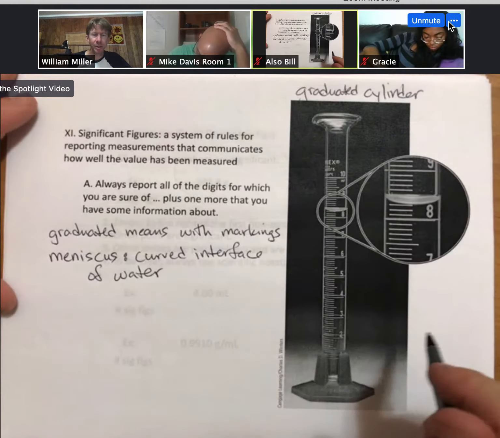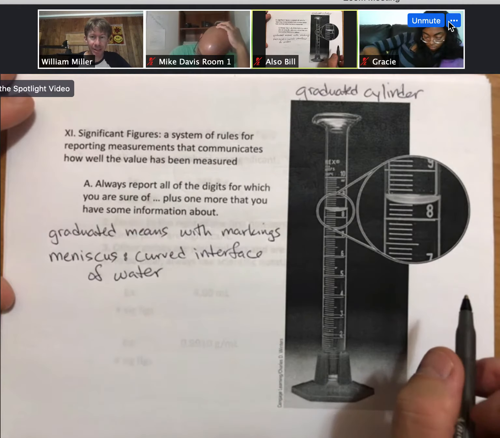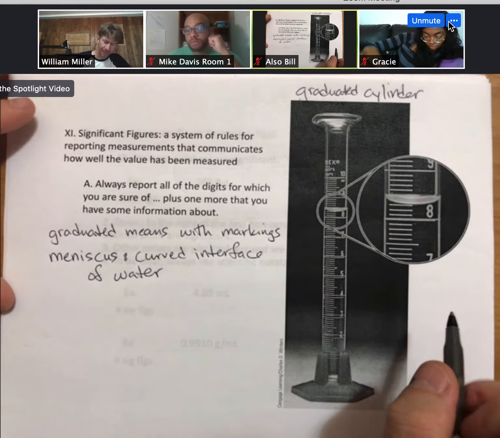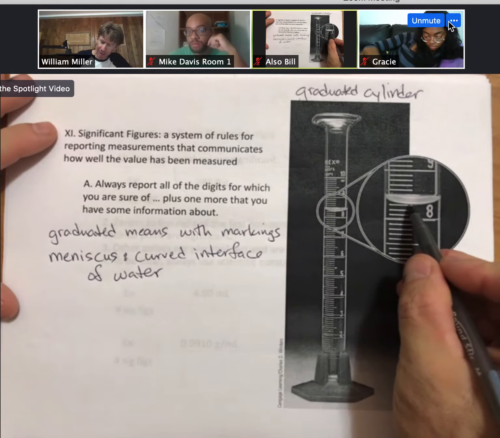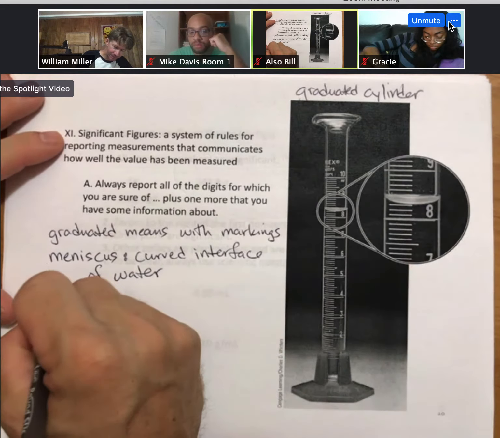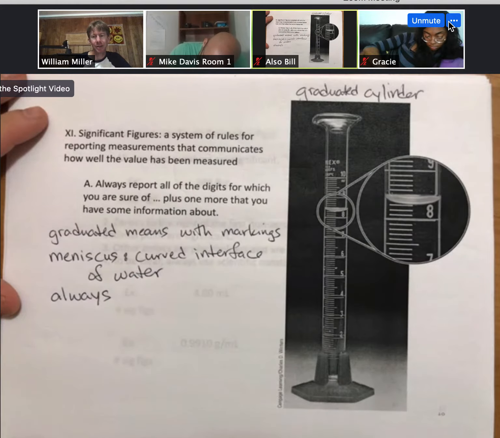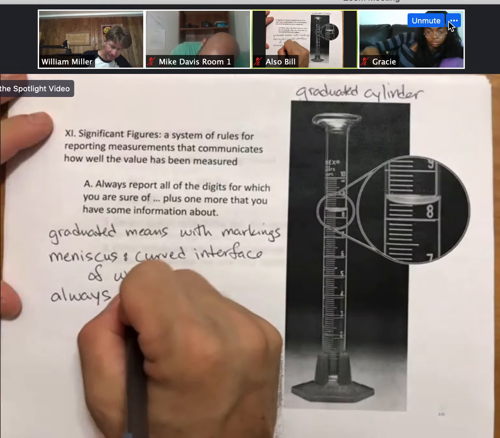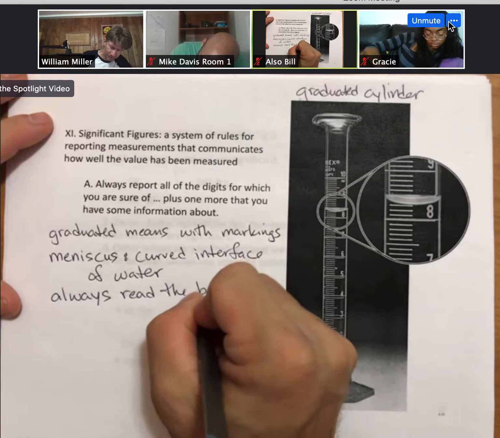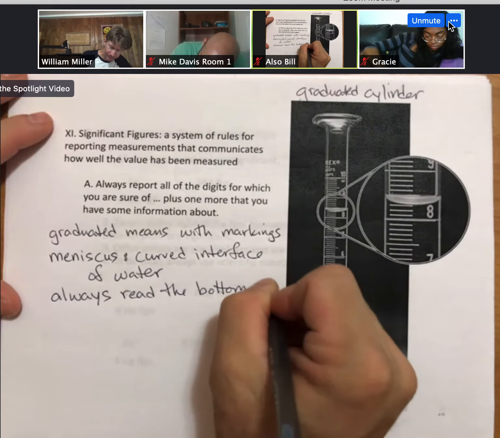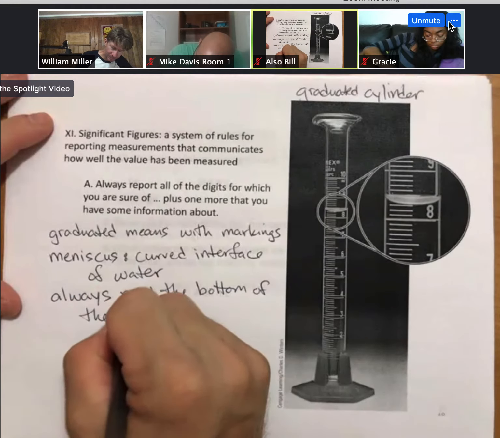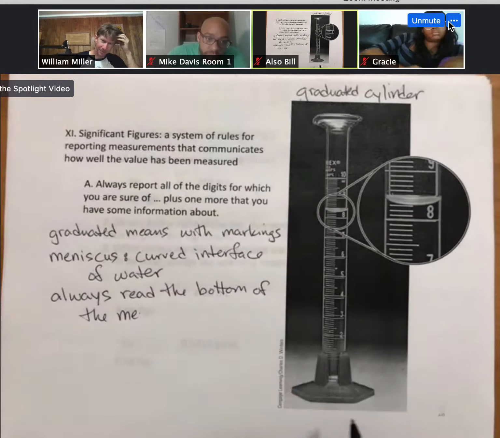When you get to lab, whether it's this class or any other class, you always read the bottom of the meniscus. Hold on.